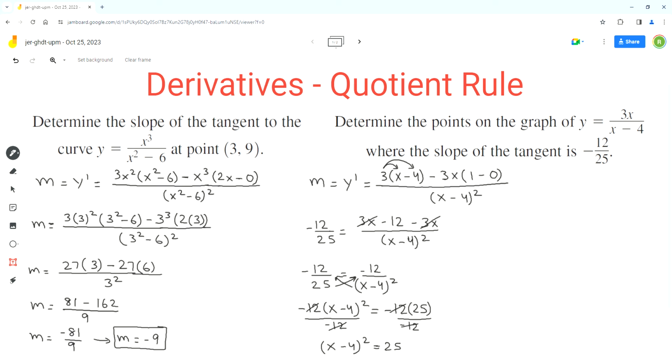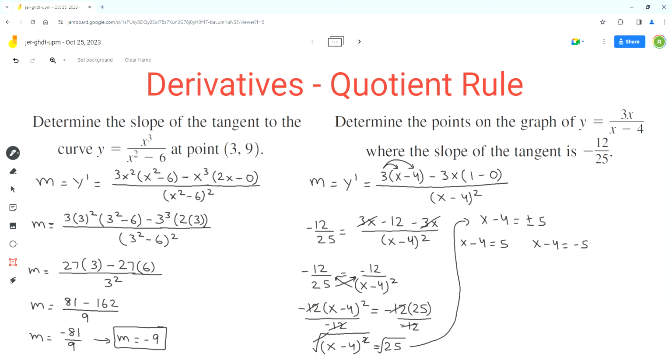Now we can apply square root to both sides. So on the left side, the square root and the square cancel each other out. So we are left with x minus 4 equals plus or minus 5. So we get two cases. For the first case, x minus 4 equals 5, and the other case is x minus 4 equals negative 5.